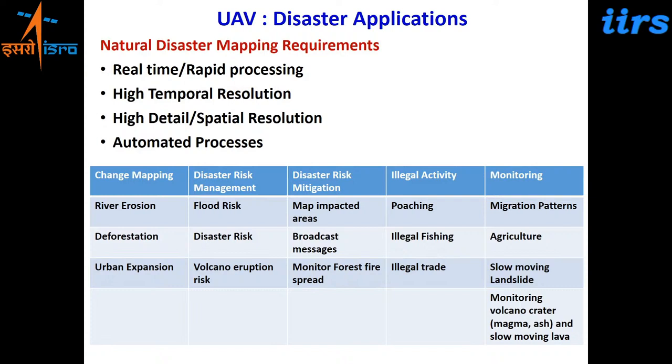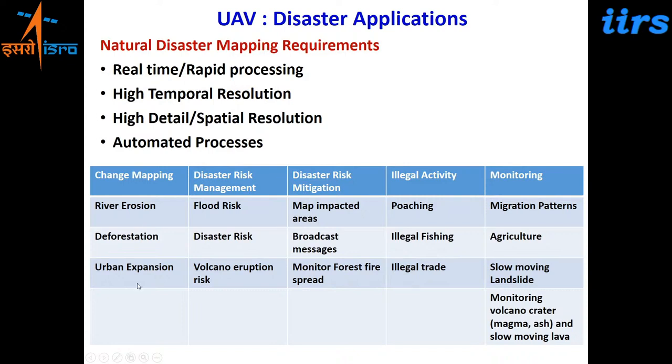As I said, it offers real-time rapid processing, high temporal resolution, high spatial resolution, and it's an automated process. So quick data collection and quick data processing can be done. You can have a change map if you want, for river erosion, deforestation, urban expansion.